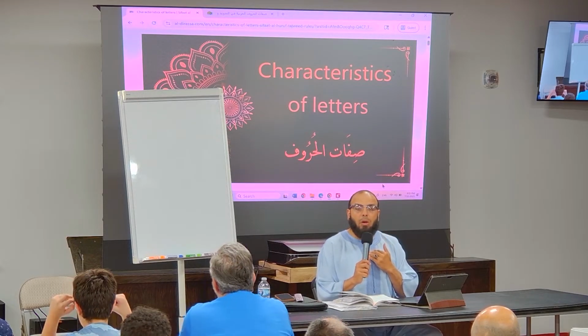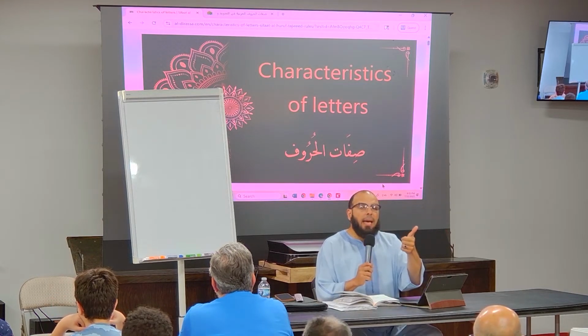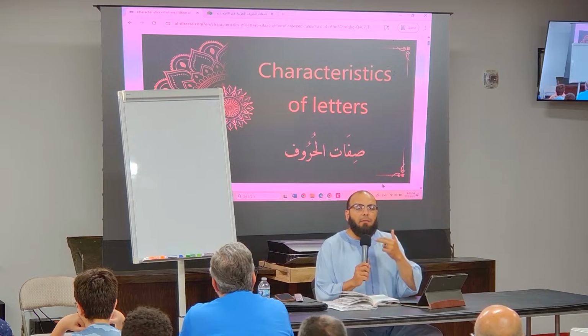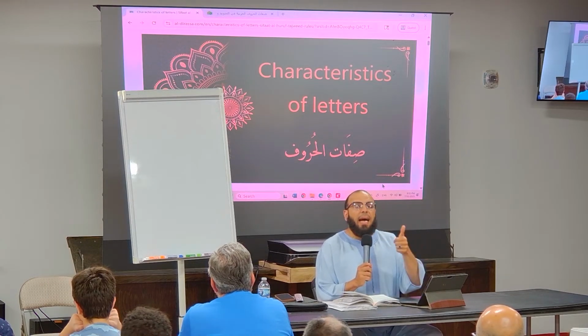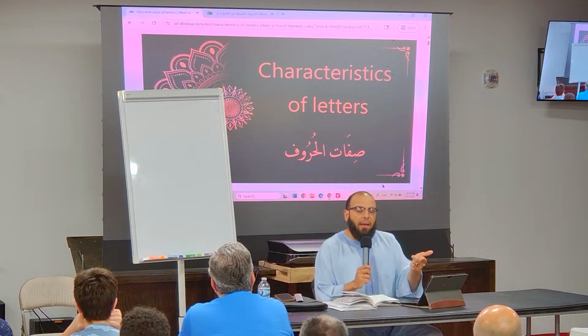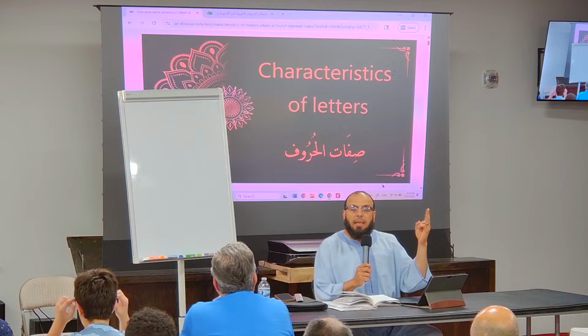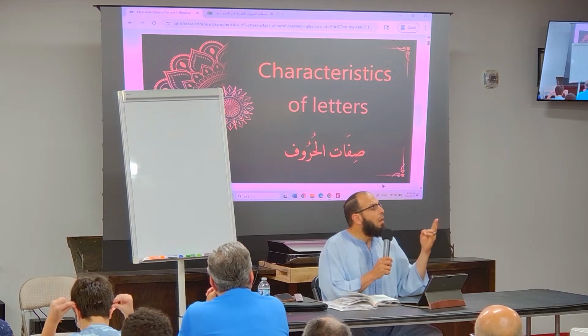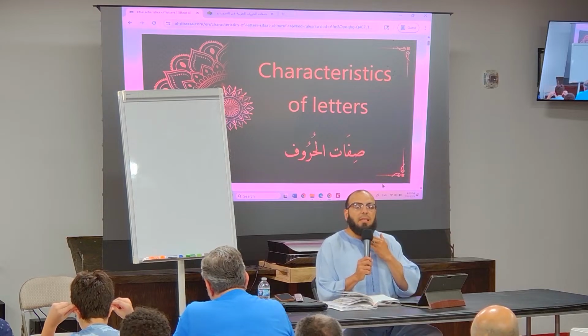From the bottom part, aqsa al-halq, come hamza and ha. From the middle of it come ayn and ha. From the top, adna al-halq, come 2 letters, ghayn and kha. That's the second main makhraj.